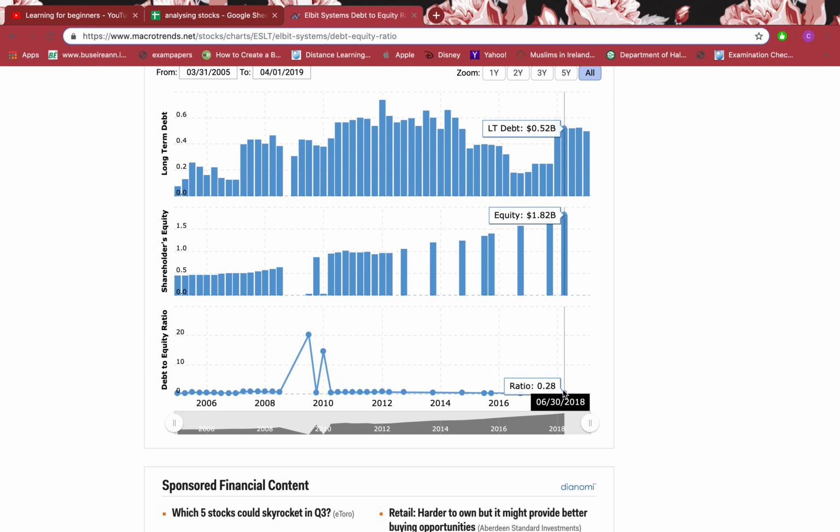I'm looking for 0.5 or less. It's less than 0.5, which means it's a safe stock.